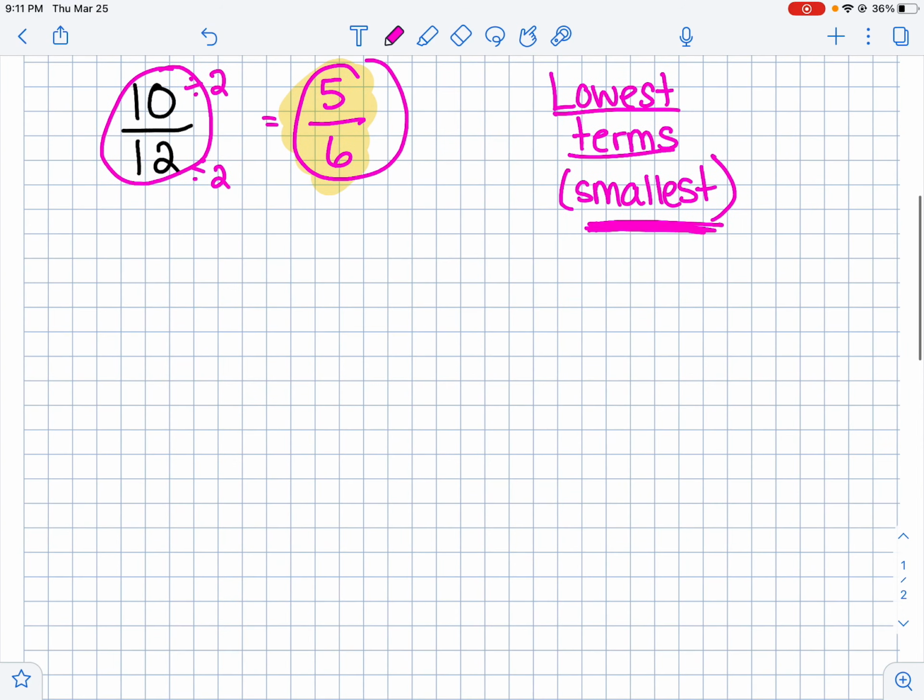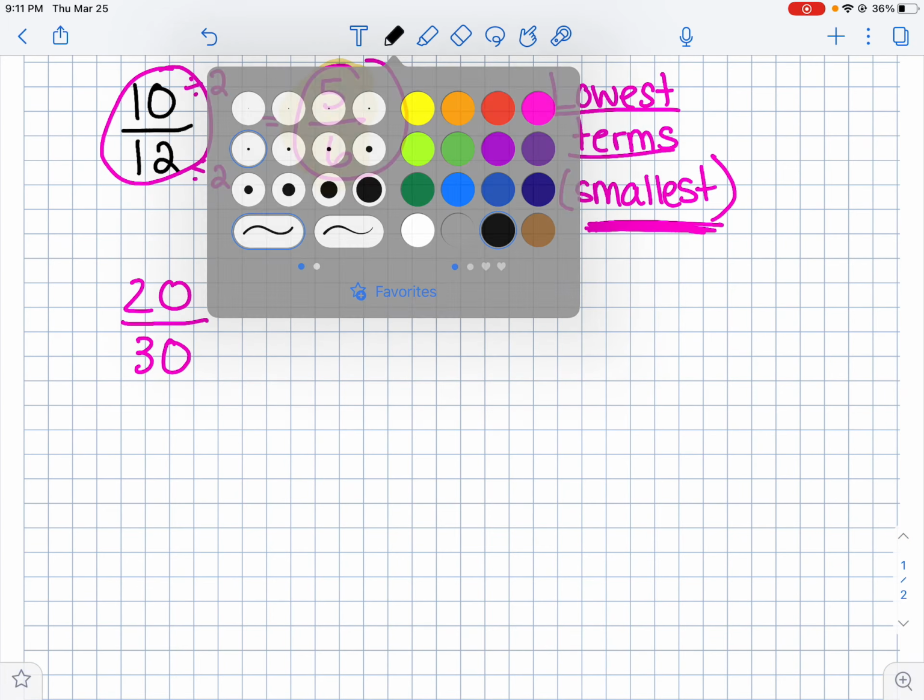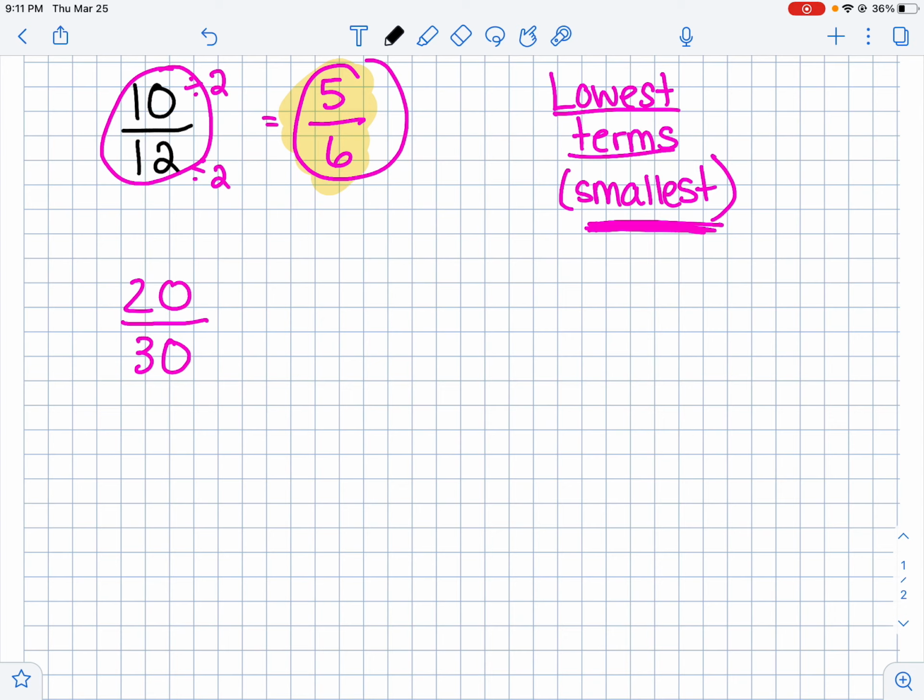Let's try another one. Let's say we had 20 over 30. What could we divide it by? We could divide it by 5. 20 divided by 5 is 4. 30 divided by 5 is 6. Those are equivalent fractions.